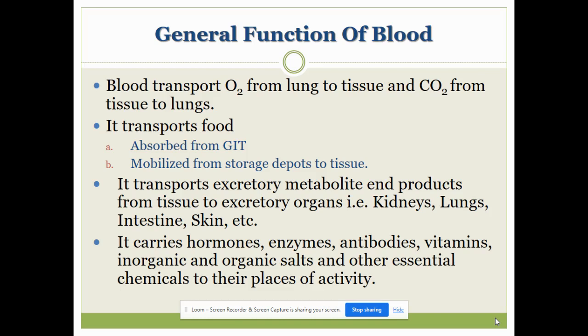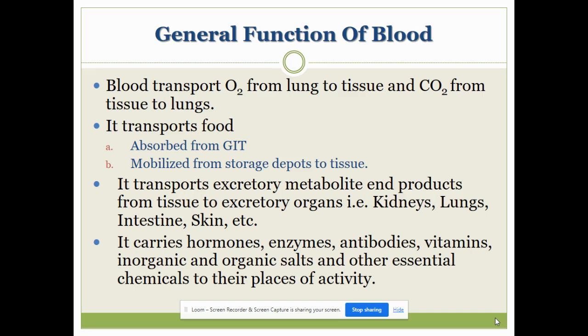Now we will study the general functions of the blood. Number one, very important, as we all know, blood transports oxygen from the lungs to the other parts of the body, and carbon dioxide as a waste material from the cells of the other parts of the body to the lungs. Number two, it transports food from the GIT and from the storage deposits in the body.